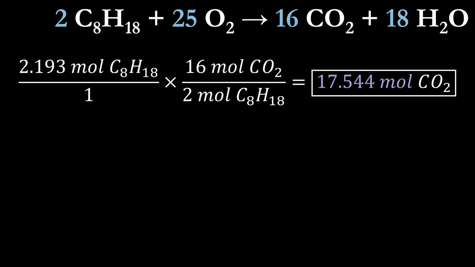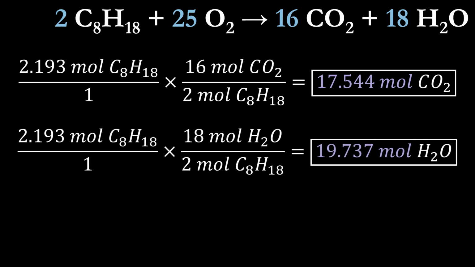So, for carbon dioxide, we have to multiply the mole ratio of 16/2 to figure out how many moles of carbon dioxide is produced. And then for water, it has a different coefficient in front, 18, so we'll multiply by 18/2 to figure out how many moles of water is produced in the reaction.